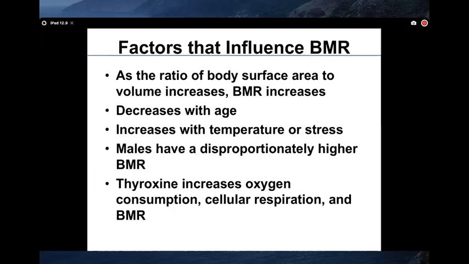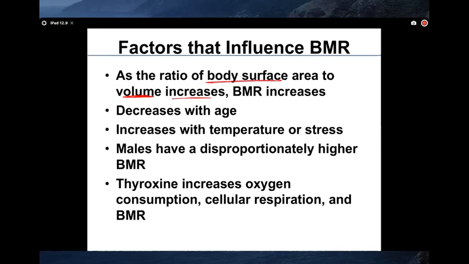What are the different factors that will be affecting my basal metabolic rate? The ratio of the body surface area to volume. If the ratio of the body surface area to the volume increases, the basal metabolic rate increases. What does this mean?